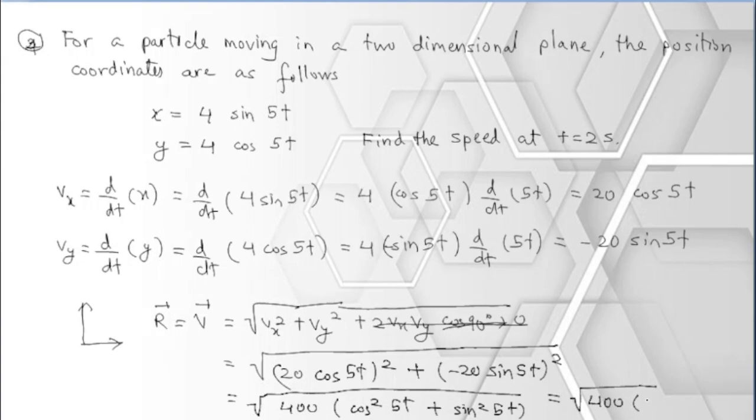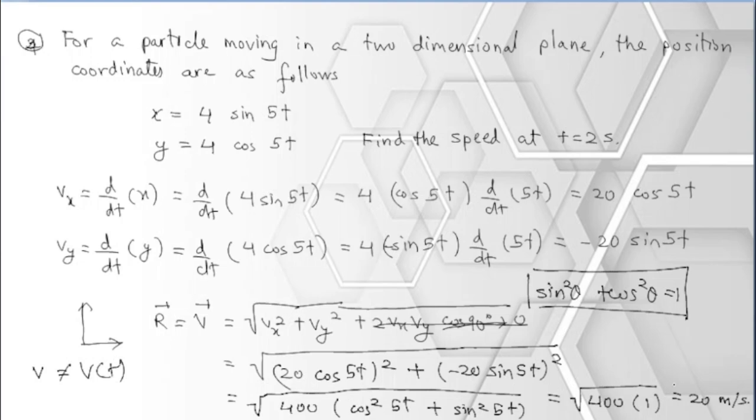Remember, cos square theta plus sine square theta equals to 1, right? So root over of 400 or 20 meters per second. Now that you have found the velocity, you see that this velocity is a constant. This velocity is not a function of t. There is no term of t here in this final velocity that you have found out.